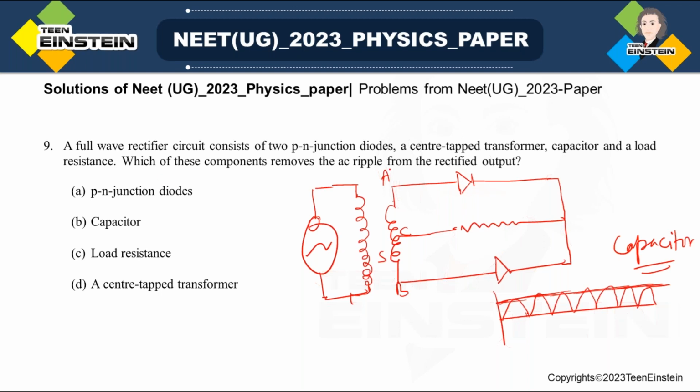The question was: a full wave rectifier circuit consists of two p-n junction diodes, a center tapped transformer, capacitor, load resistance. Which of these components removes the AC ripples from the rectified output? The rectified output is oscillatory or wavy in nature, which is called AC ripples. This wavy nature will be removed by the capacitor. These ripples are removed by a capacitor.